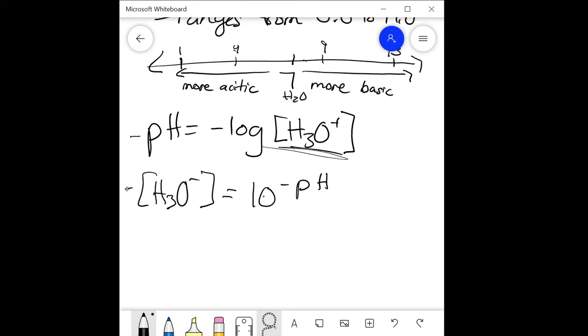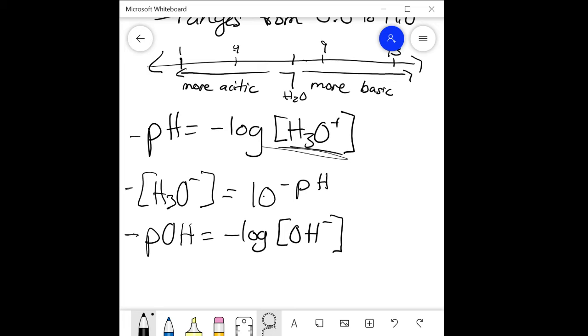So now there's also a thing called pOH, and that measures how basic a solution is. It's the same scale, except it's inversed. So now the lower the number, the more basic, the higher the number, more acidic. pOH again is just the negative log, but of the OH this time.